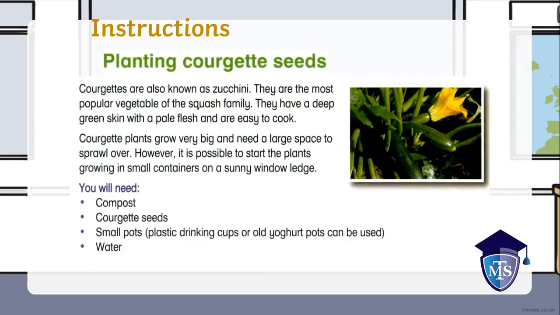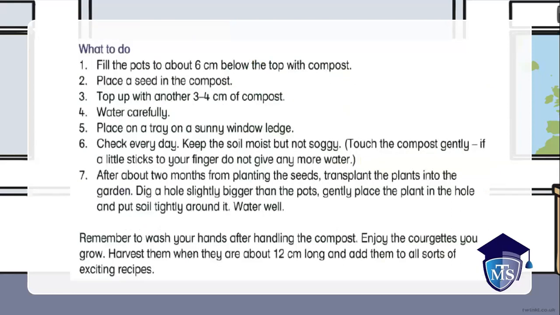What you'll need: these are the materials. Compost, courgette seeds, small pots. Plastic drinking cups or old yogurt pots can be used. Extra details, but they are necessary. Water. My needs are listed in bullets. Then what to do? The steps.